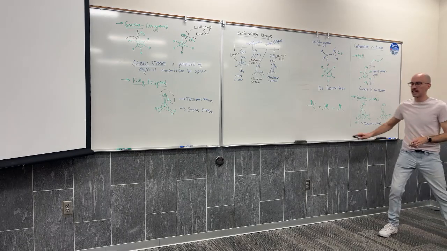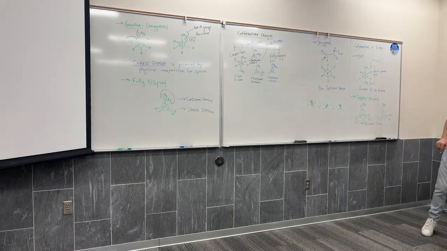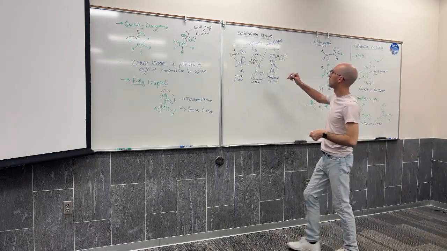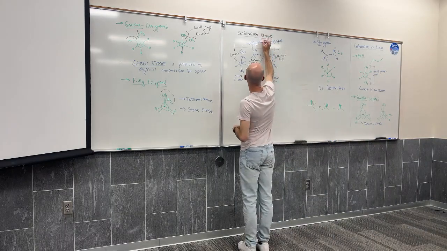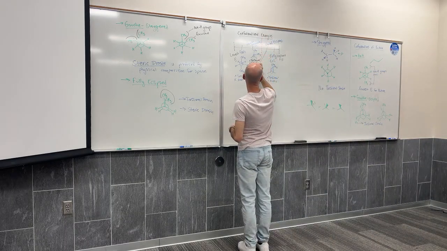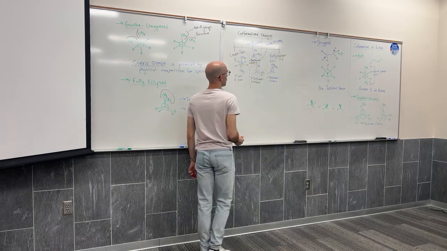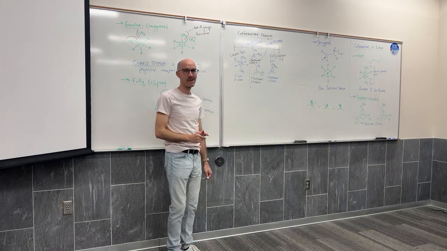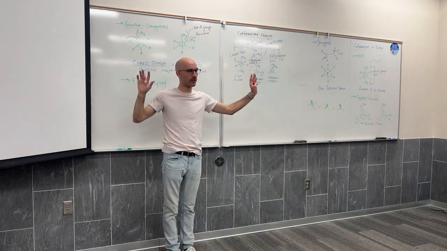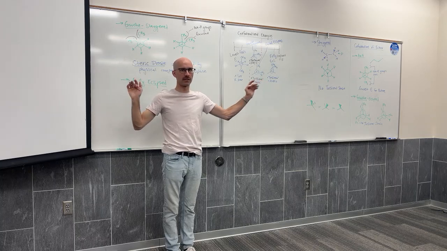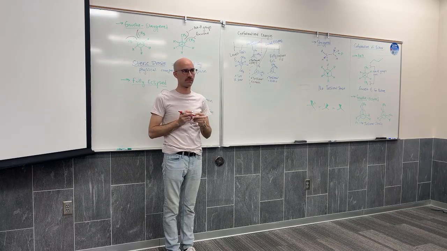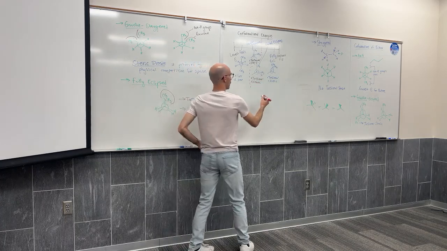I want you guys to take one thing away from this. There is actually a line. It's not a pretty line. What do you notice about all of the conformations on one side versus the other of that line? Yep.